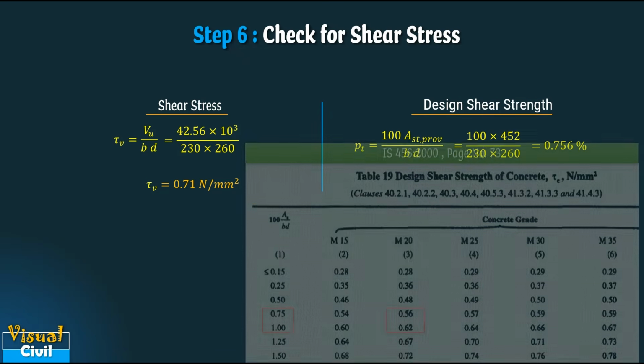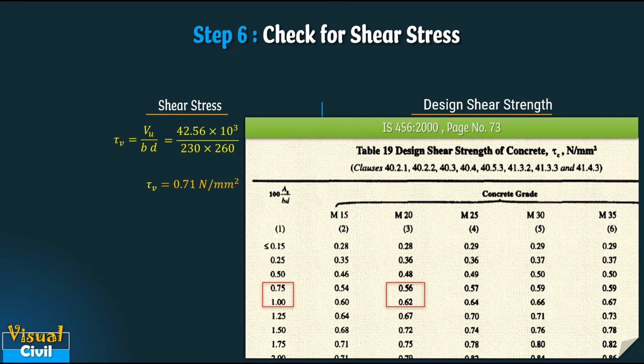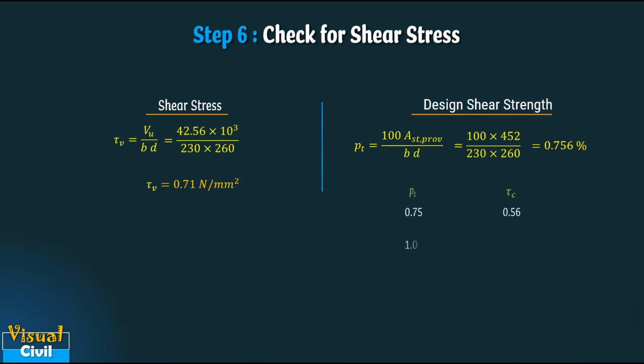0.756%. In table 19, the percentage value PT is lying between 0.75 and 1.0. Hence, the value of tau c is also between corresponding values of 0.56 and 0.62 for M20 grade of concrete.